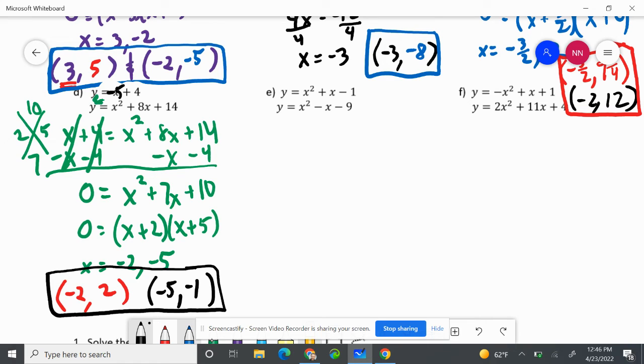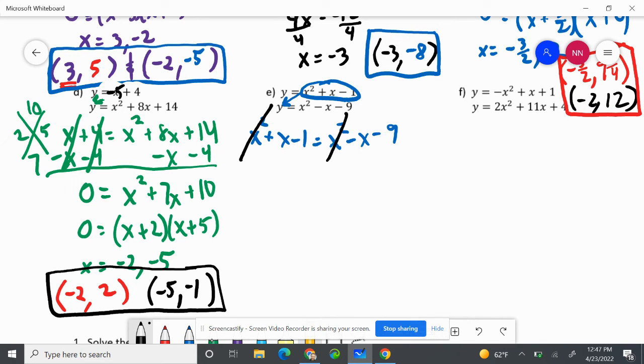So if I'm looking at the next one, I'm going to do the same thing. I take my expression. Since it's equal to y, I plug it into the y value. And that gives me x squared plus x minus 1 equals x squared minus x minus 9. Once again, what I notice is that my x squareds cancel.